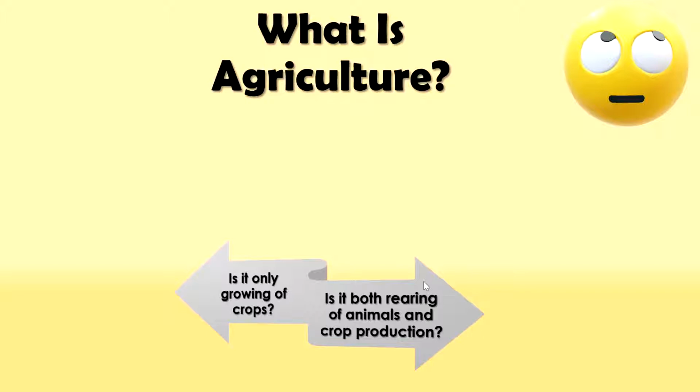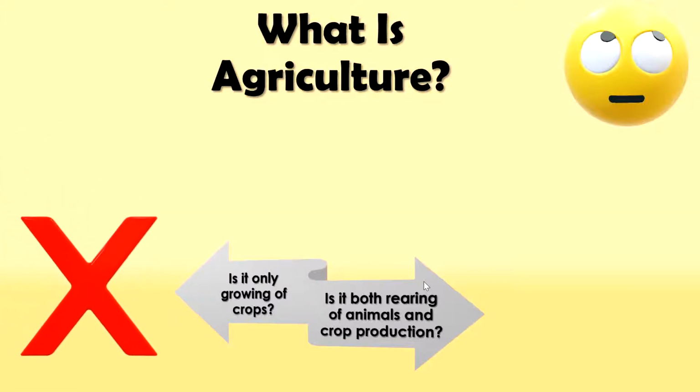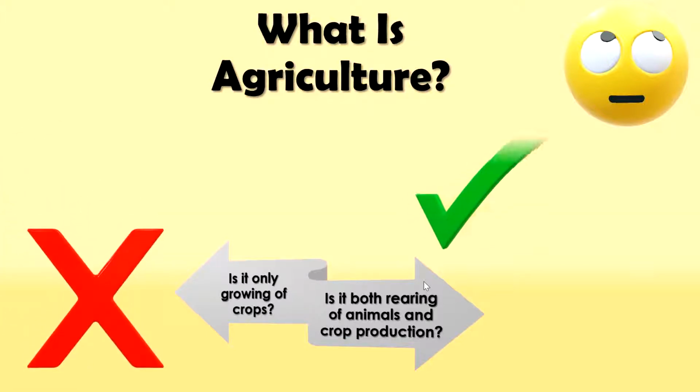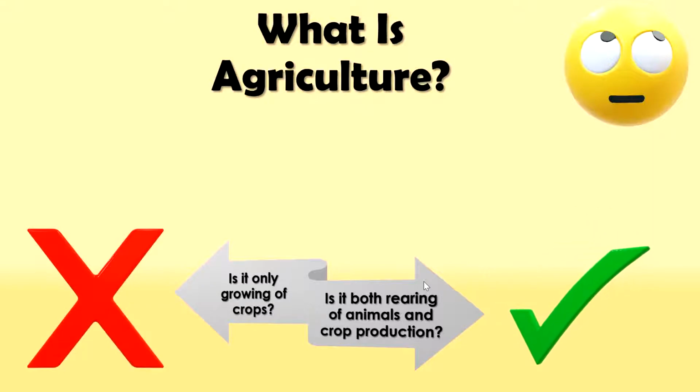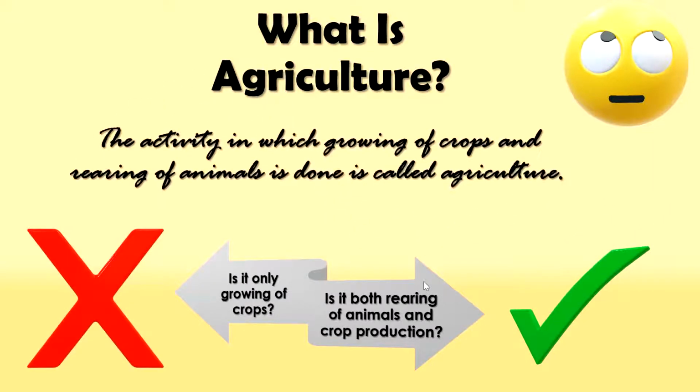Basically, the correct answer is that it is not only the growing of crops, but both rearing of animals and crop production. So, the definition is: the activity in which growing of crops and rearing of animals is done is called agriculture. So, remember that you have to add both points, growing of crops and rearing of animals, then only the definition would be complete.